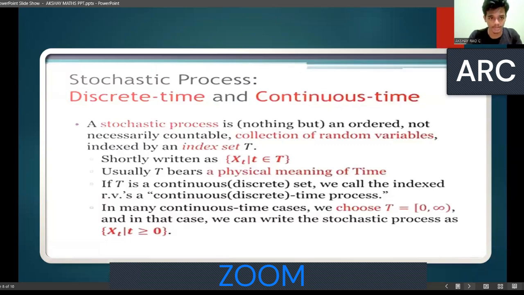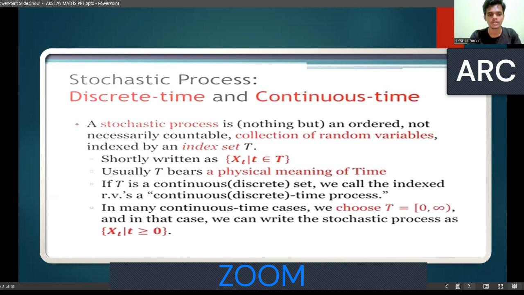Stochastic process, discrete time and continuous time. There are two types: one is discrete time and the other is continuous time. A stochastic process is an ordered, not necessarily countable, collection of random variables indexed by the index set T, shortly written as Xt, t belongs to T. As usual, t bears the physical meaning of time.